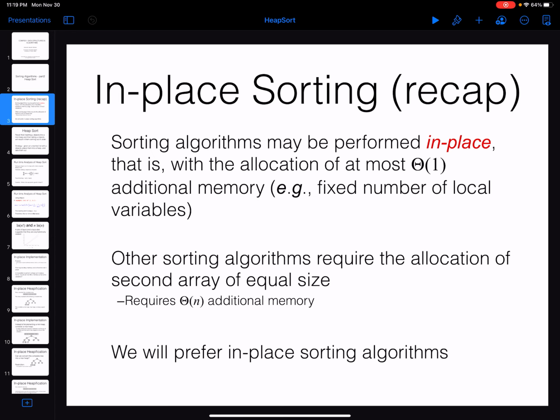So remember we have talked about sorting algorithms. We discussed in-place sorting algorithms, which are the sorting algorithms that don't need additional space in terms of the number of items that they are sorting.